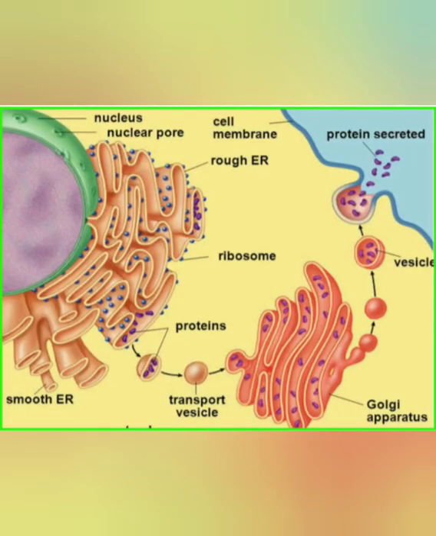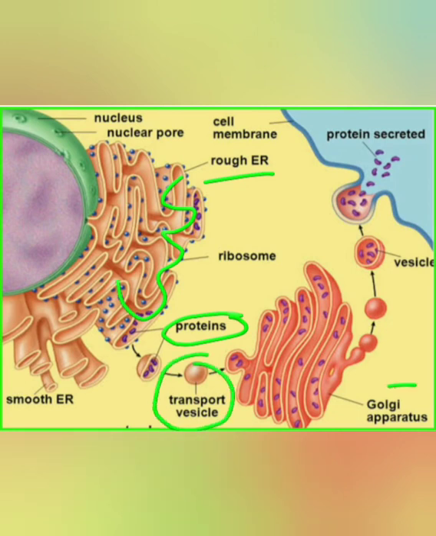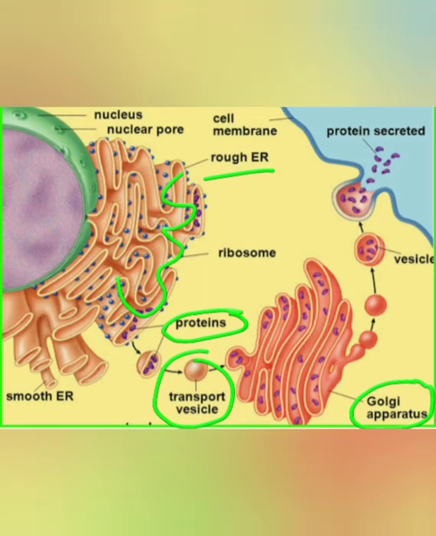As in this picture you can see, proteins are transported from this rough endoplasmic reticulum through transport vesicle into the Golgi apparatus or Golgi body, and after some modification again through vesicle formation it passes out of the cell.